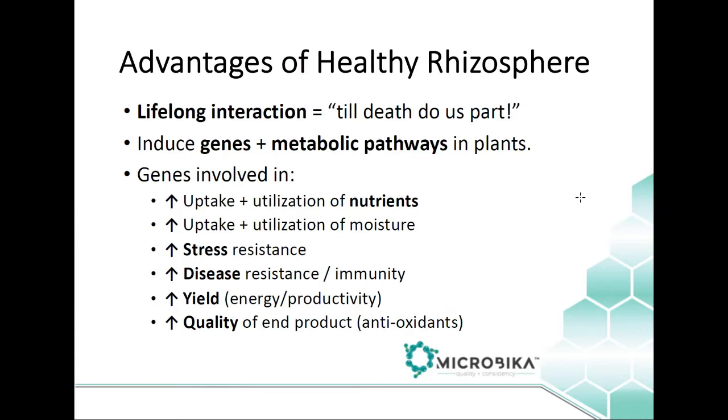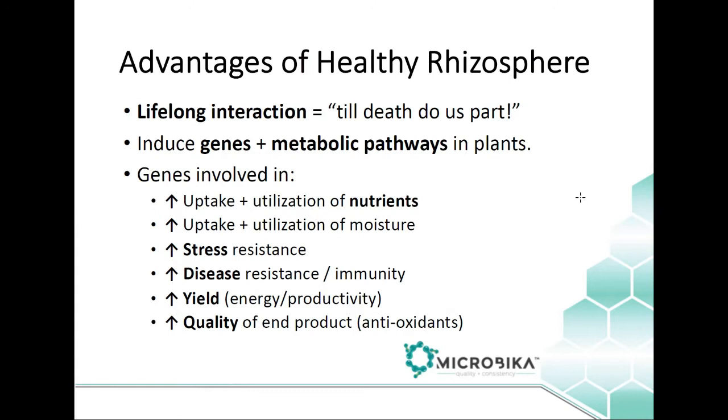So we know from scientific experiments that the genes that they switch on in the plant are involved in the uptake and utilization of nutrients, genes involved in the uptake and utilization of moisture, genes involved in how the plant will respond to stress, and also just the plant's general immunity or resistance towards disease. So they are all involved in switching on these genes and upregulating them if necessary.